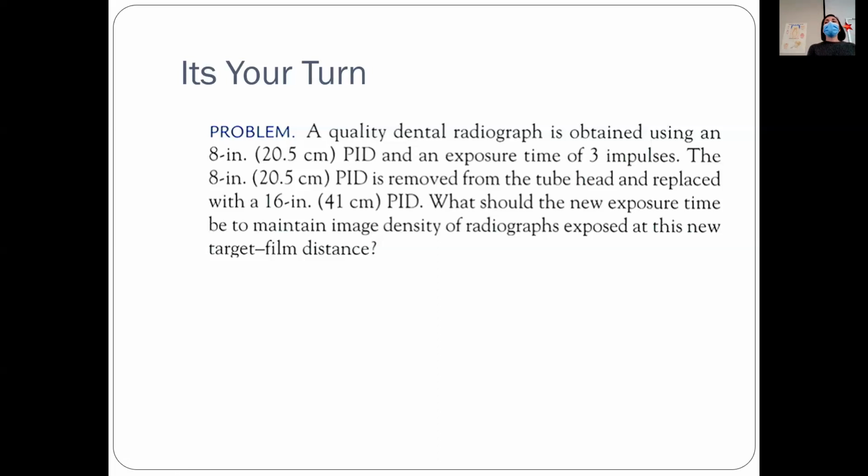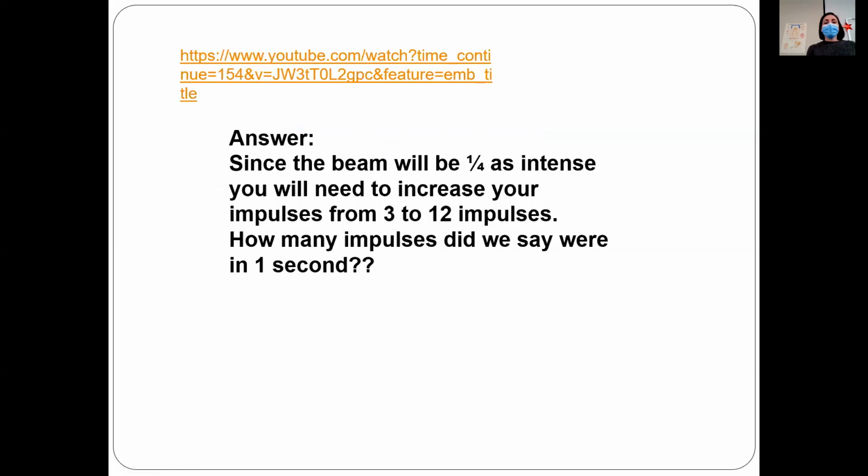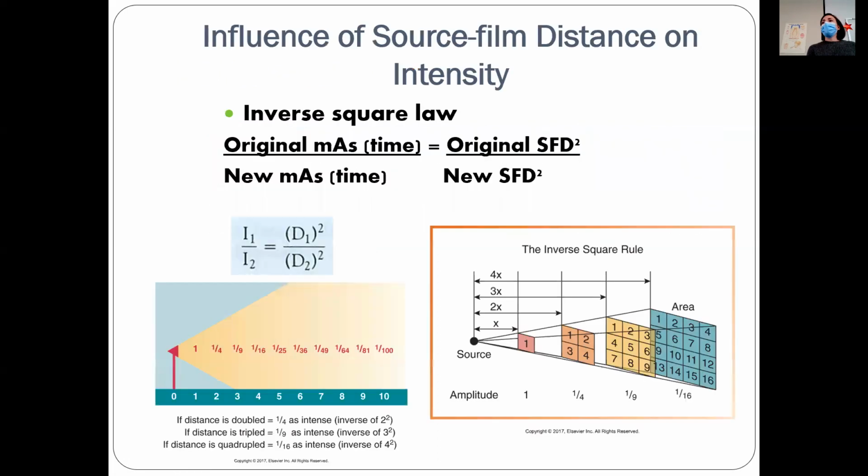And then it gives you this formula, so you can say precisely, oh, I need to increase it to this many impulses. It's a mathematical formula. This is the formula: original MA times your exposure time equals your new MA times your new exposure time, or over, maybe, I don't even know, you guys.